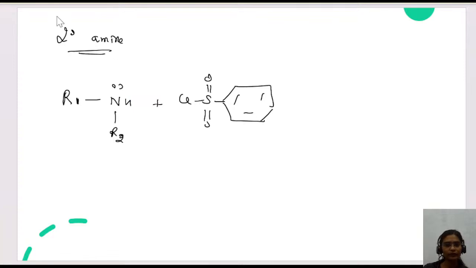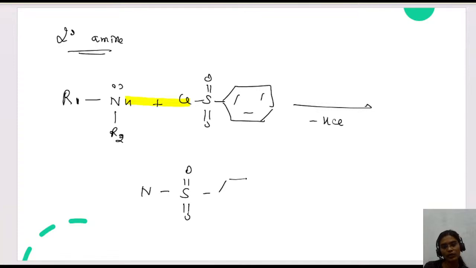These two combine. As I already told you, we're going to discuss the shortcut. So what is the shortcut? These two combine, and HCl is removed directly. Then that nitrogen combines with sulfur, double bond, SO.